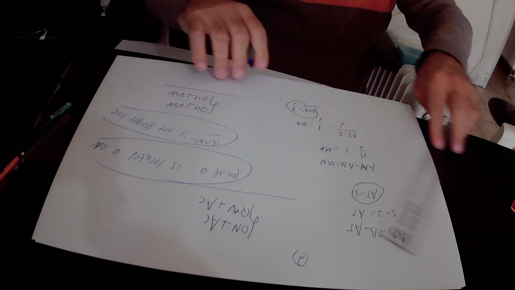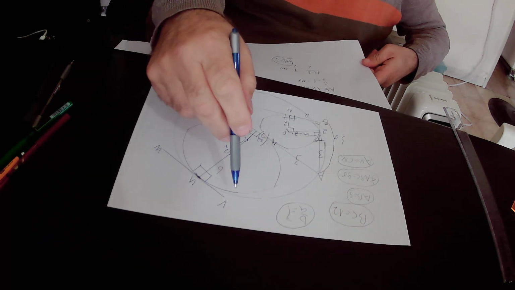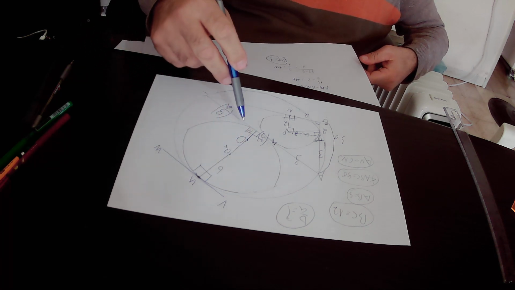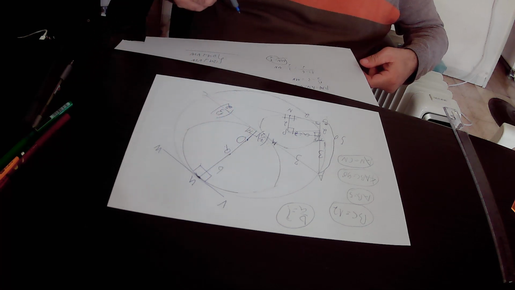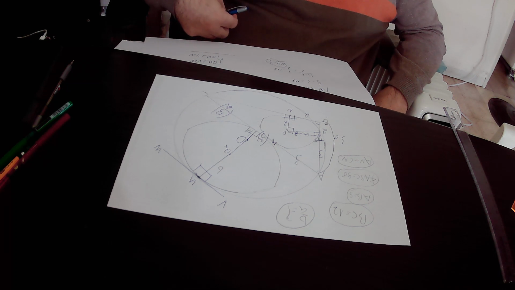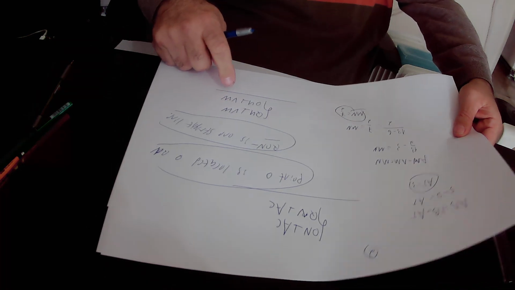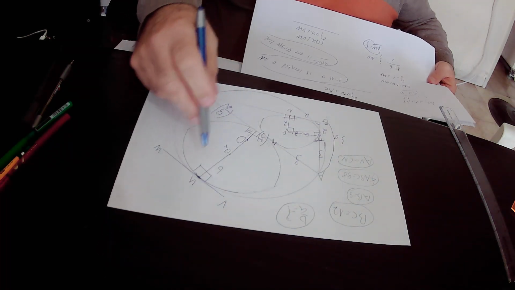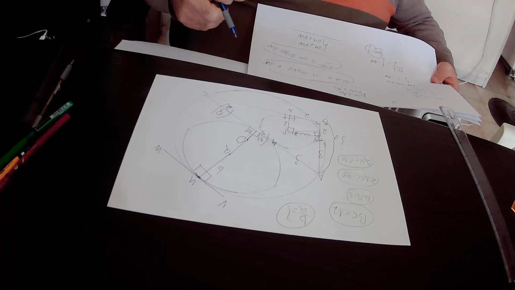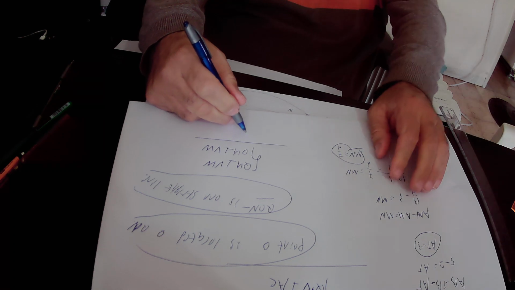Repeat again. QU is perpendicular to VW, and OU is also perpendicular to VW. So, from those two facts, we will derive that O, Q, U are located on the same straight line.